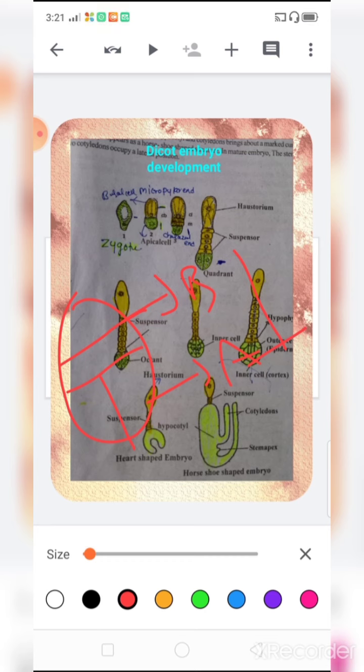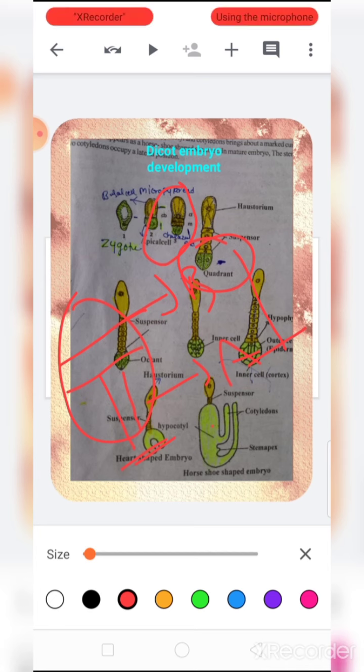This four-celled embryo is called the proembryo. Later on, the apical cell takes another longitudinal division and forms four cells. This four-cell stage is known as the quadrant stage or tetrad stage.